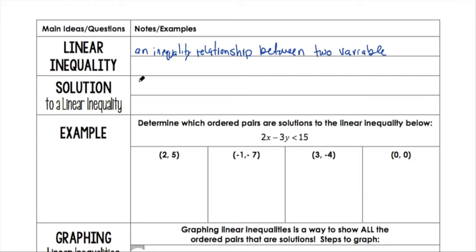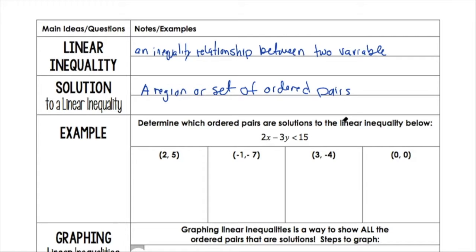The solution to a linear inequality, unlike a linear equation though, is going to be a region or set of ordered pairs. So there are going to be multiple answers to each of these problems, and so we're going to talk about how we can represent that nicely.